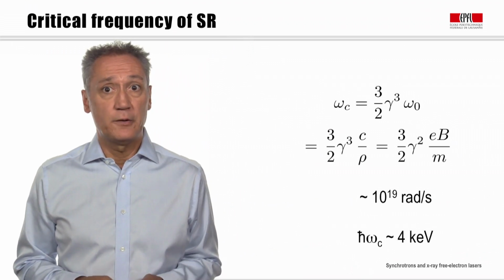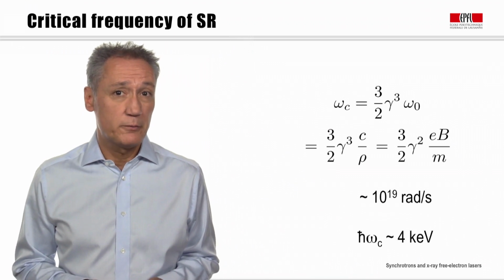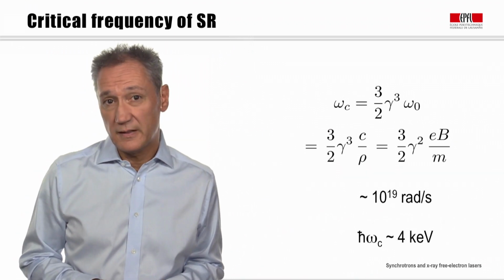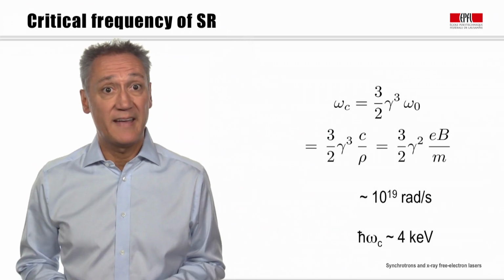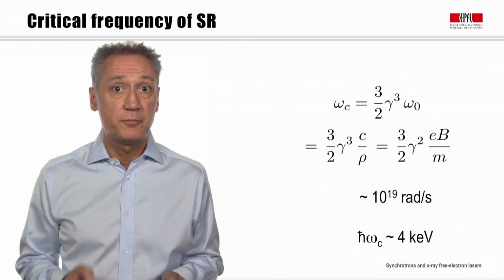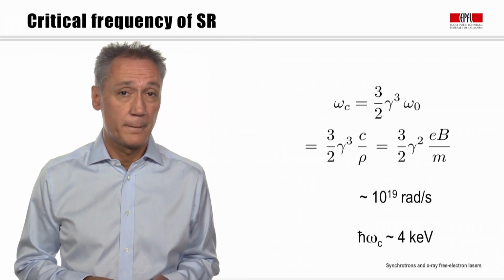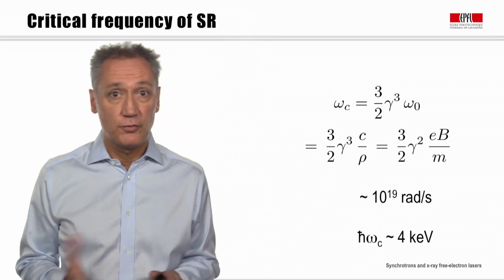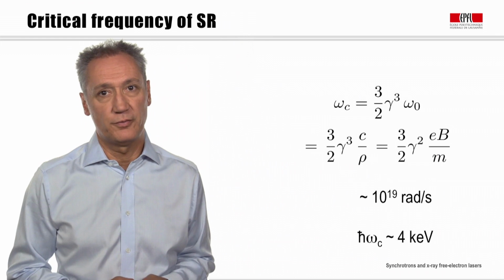Inserting typical values into any of these equivalent expressions yields a critical frequency of the order of 10 to the 19 radians per second. Now, if we multiply this by h bar, we obtain the photon energy associated with this critical frequency. If we convert this to electron volts, we obtain photon energies of the order of 4 kiloelectron volts.